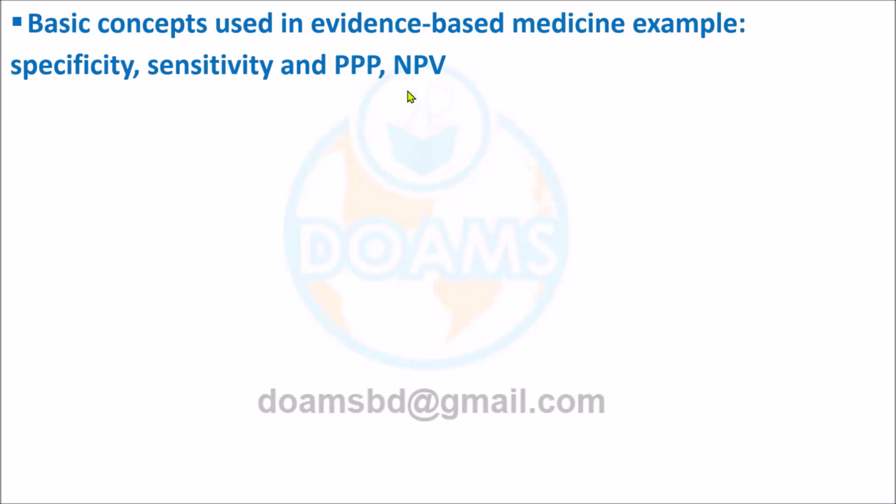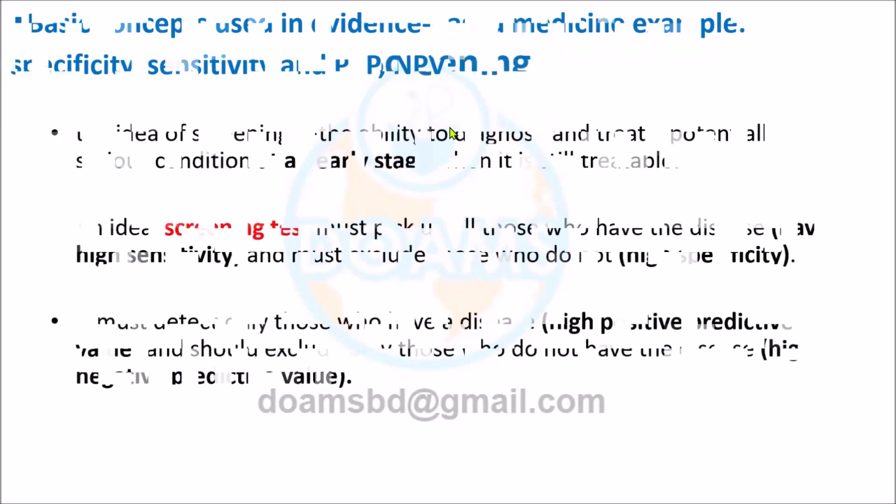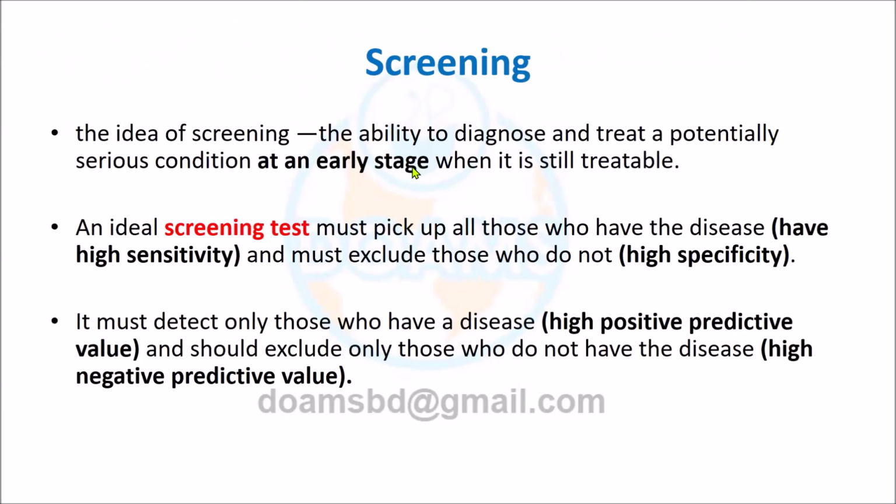So from there, if we try to understand specificity and sensitivity, we like to understand the word screening. You have heard the term screening test. For example, about SLE, the ANA is one kind of screening test.